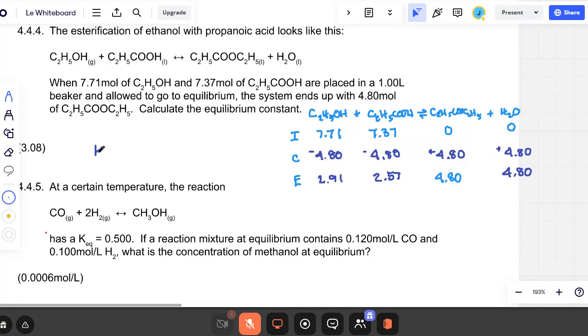Equilibrium constant is products over reactants, so it's the two right side things over the two left side things. All the powers are 1, so that makes things easy, and we get 4.80 twice this, and this over 2.91 and 2.57.